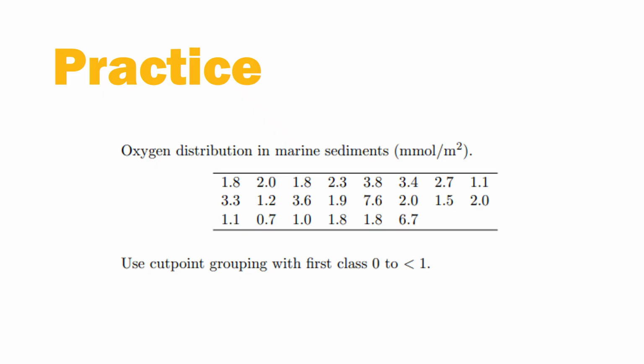In this practice, it is the oxygen distribution in marine sediments, and it's asking you to use cut point grouping with the first class being 0 to just under 1. So let's pause it and do this together. If you're going to pause this video, start by taking all of that data and putting it in ascending order. That will always help you to figure out what you need to do next.